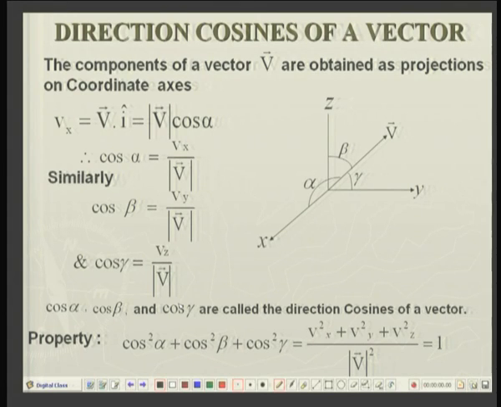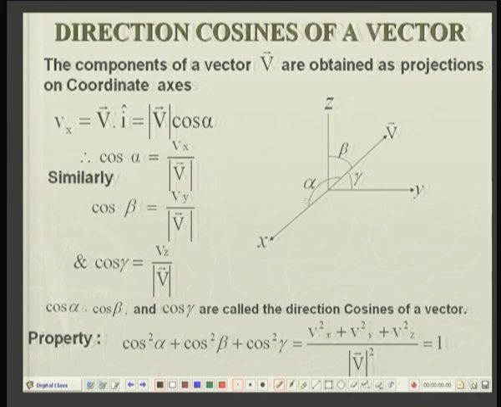Now, another useful concept associated with vectors is the direction cosines of a vector quantity. The components of vector v are obtained as projections on the coordinate axes. For example, I have just shown you that Vx is equal to the projection of V on the unit vector i, that is V times cosine alpha.